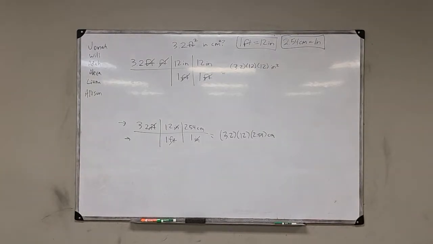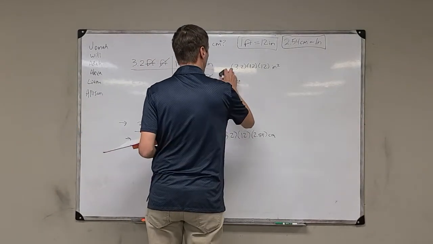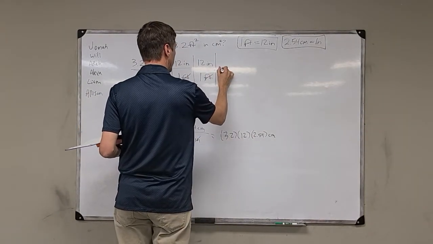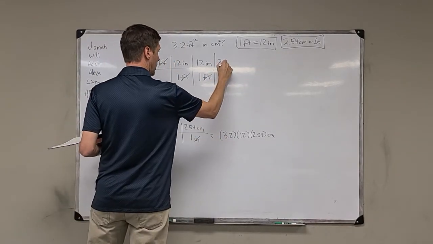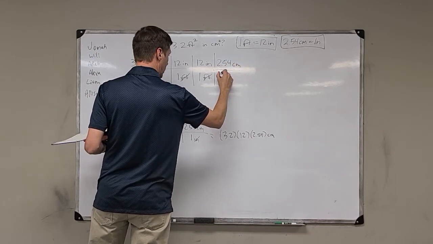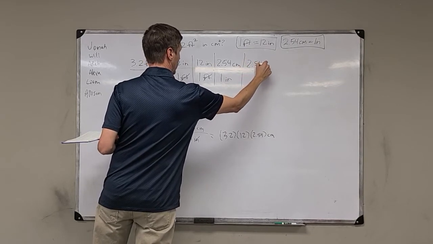We're not trying to find inches squared, we're trying to find centimeters squared. So we're actually not done yet. Now that we've converted to the inches, we're going to use the same relationship we used here, but I've got 2 inch units that I need to get rid of, so I'm going to multiply by that twice.